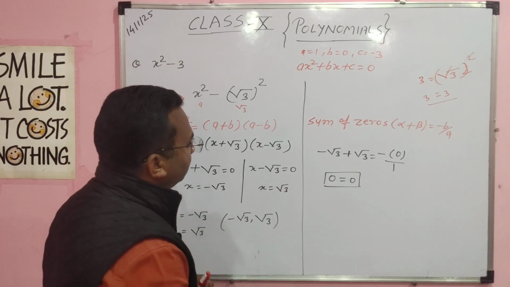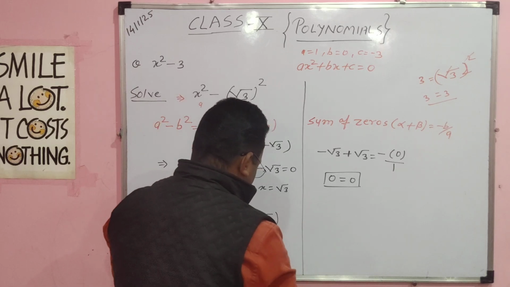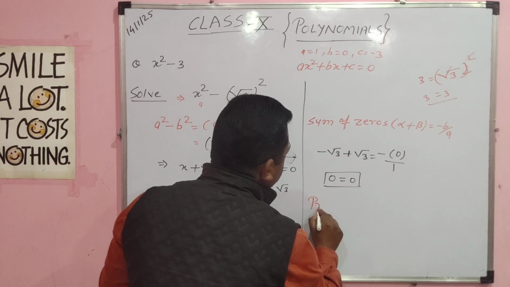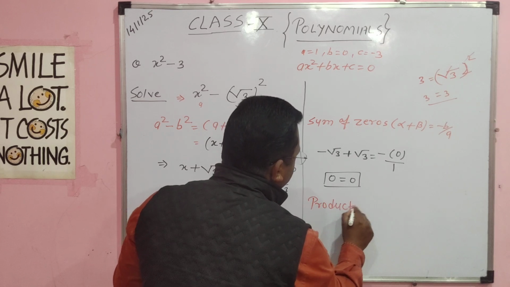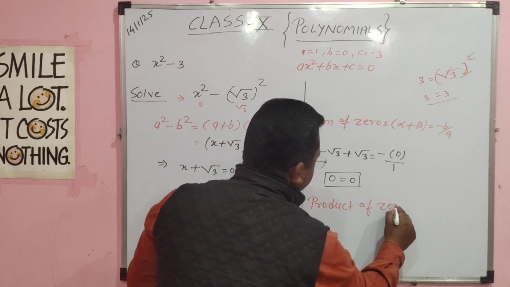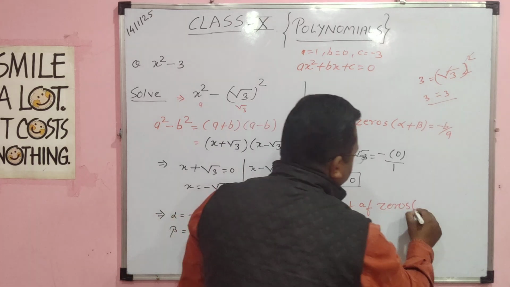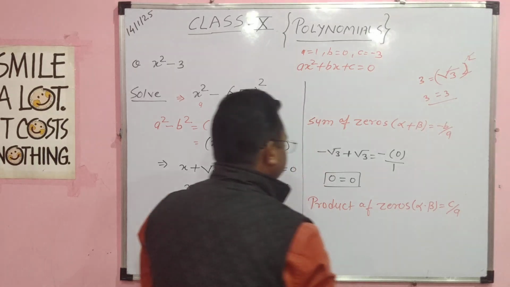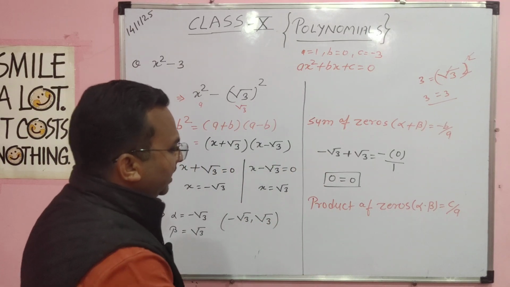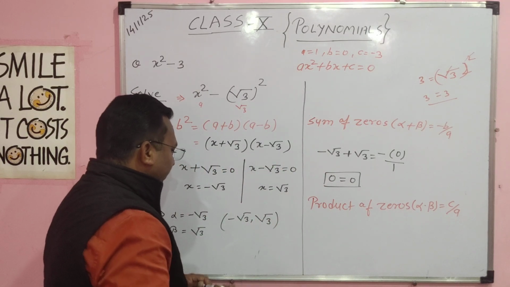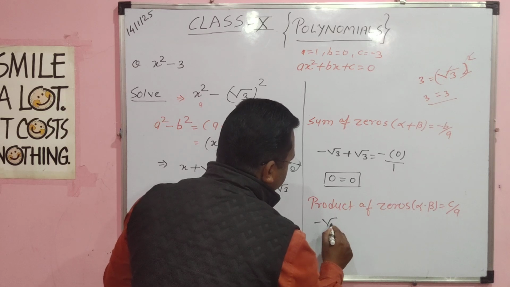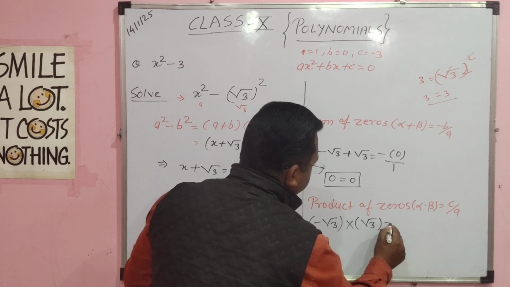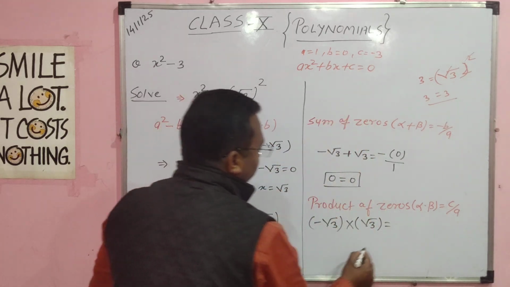So the next step is the product of zeros. Product of zeros, alpha into beta, equals c upon a. What does it mean? Alpha is minus root 3, beta is root 3, and c is minus 3.